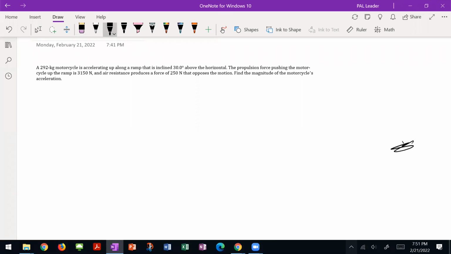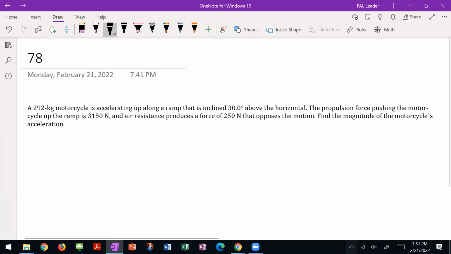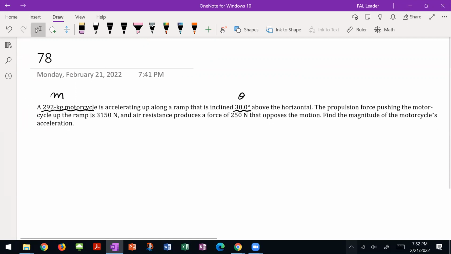Okay, here we go. A 292 kilogram motorcycle, that's probably going to be our mass, is accelerating up along a ramp that is inclined 30 degrees. That is our angle above the horizontal. The propulsion force pushing the motorcycle up the ramp is 3150 newtons.